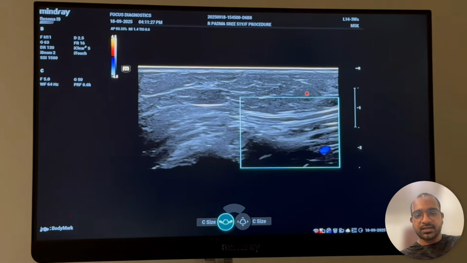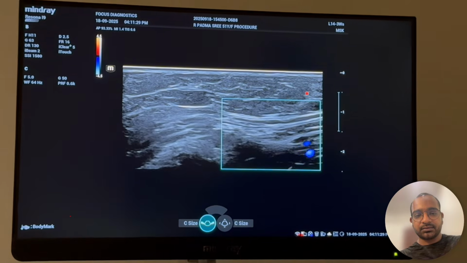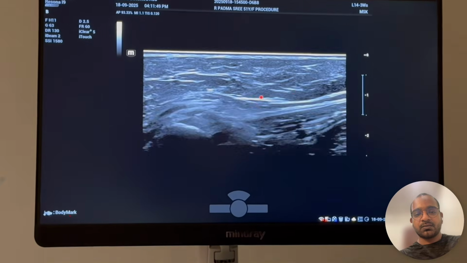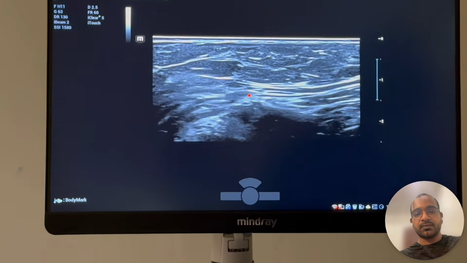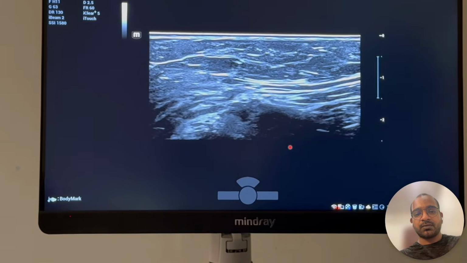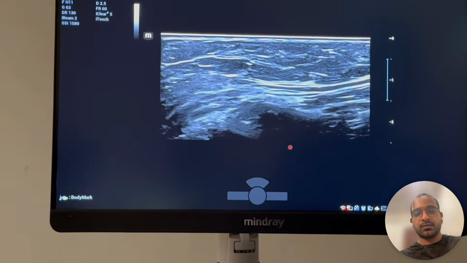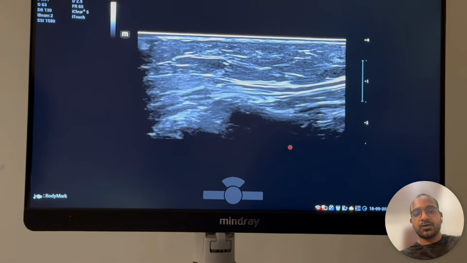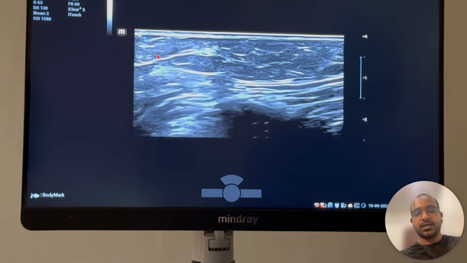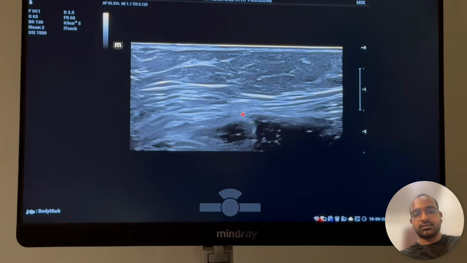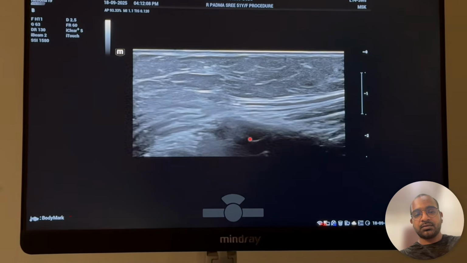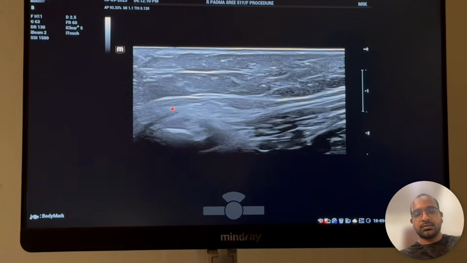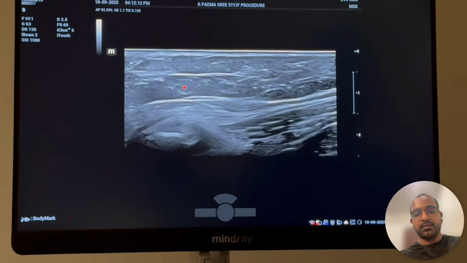I'm checking for any vascular structures nearby. Now you can see this is the nerve. So I'm putting my needle. You can see I'm entering here. I'll follow the needle tip here.